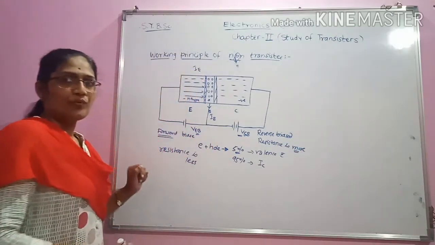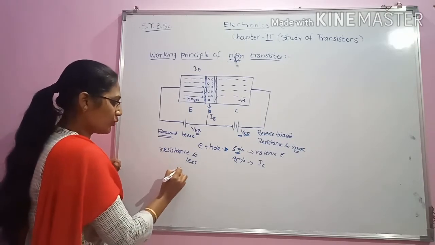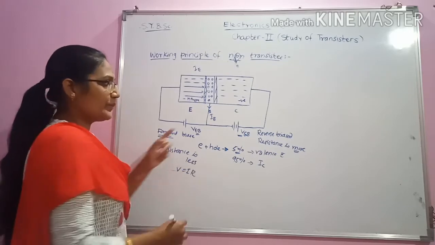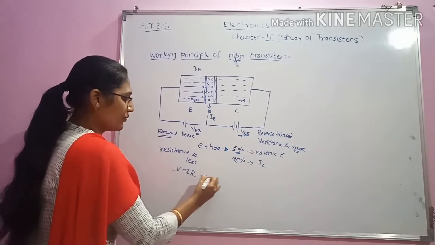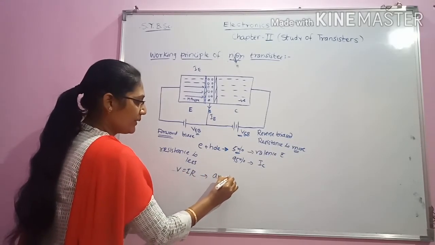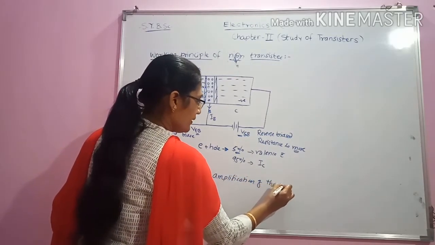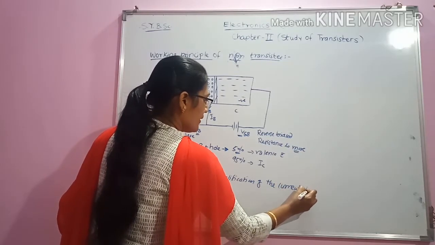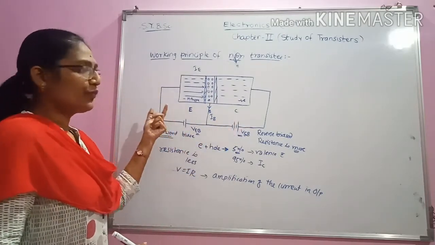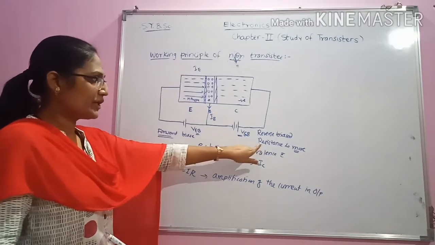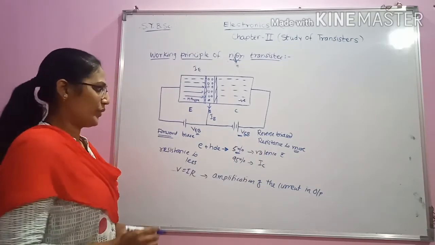And hence, if we follow the Ohm's law, that is V is equal to IR, then there will be the amplification of the current or the power. Therefore, this will give rise to amplification of the current in output section of the transistor. Therefore, input will get amplified due to the variation in the resistance because in output section resistance is more.